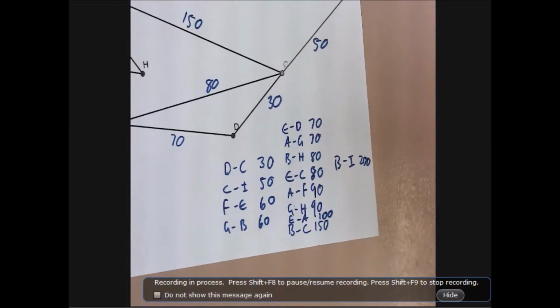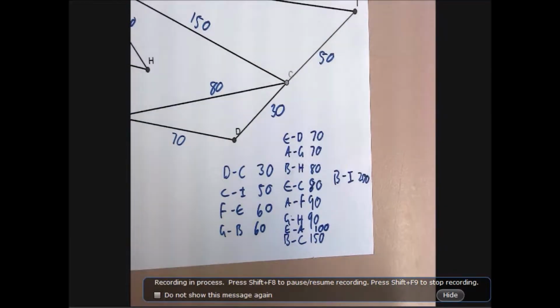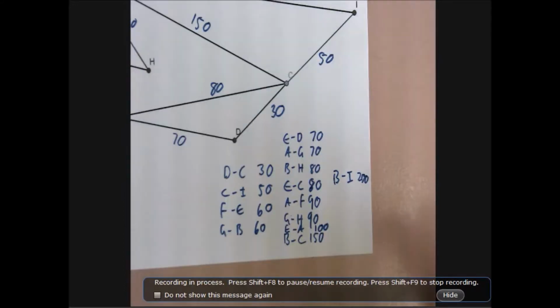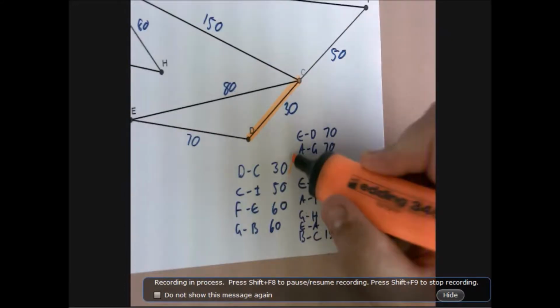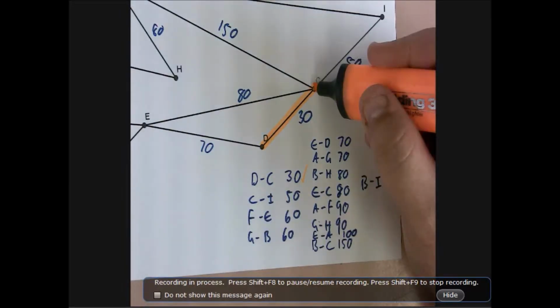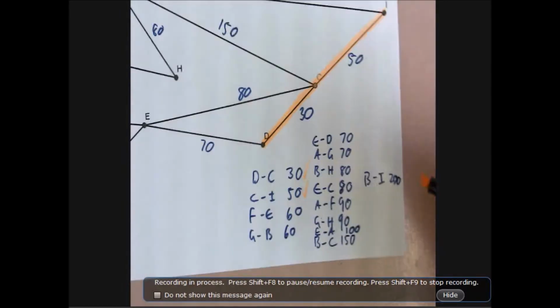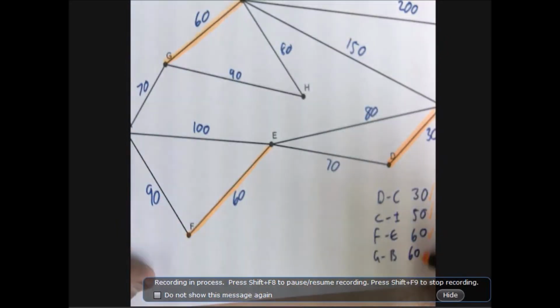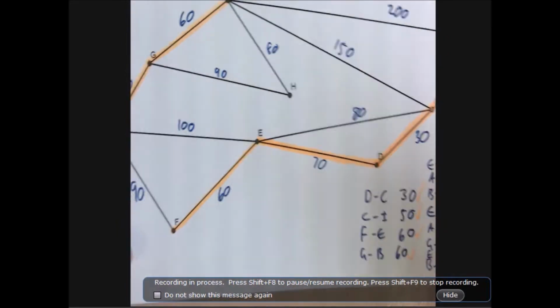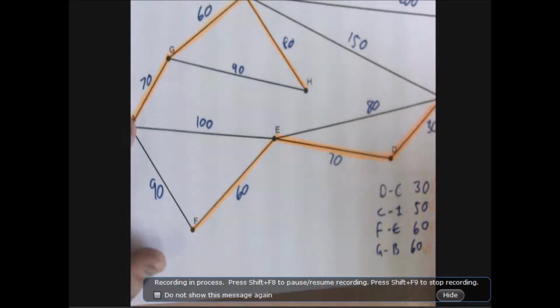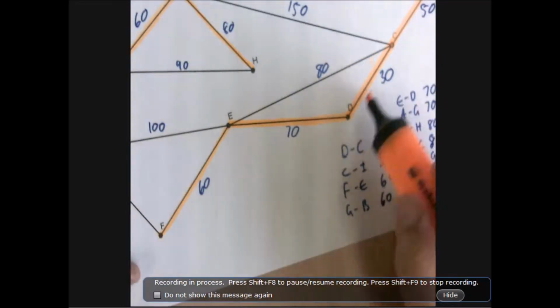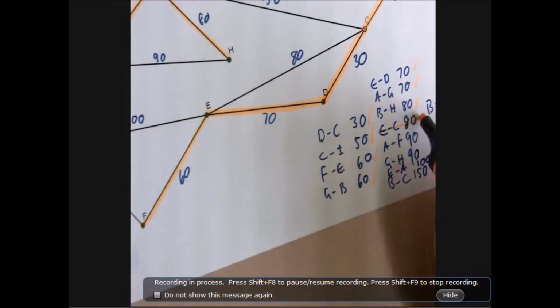Okay, I've now listed all the paths in order from shortest to longest, and I'm going to start adding them, adding a path each time so long as it doesn't create a loop, starting with the smallest. Adding E to C would create a loop, so excluded.